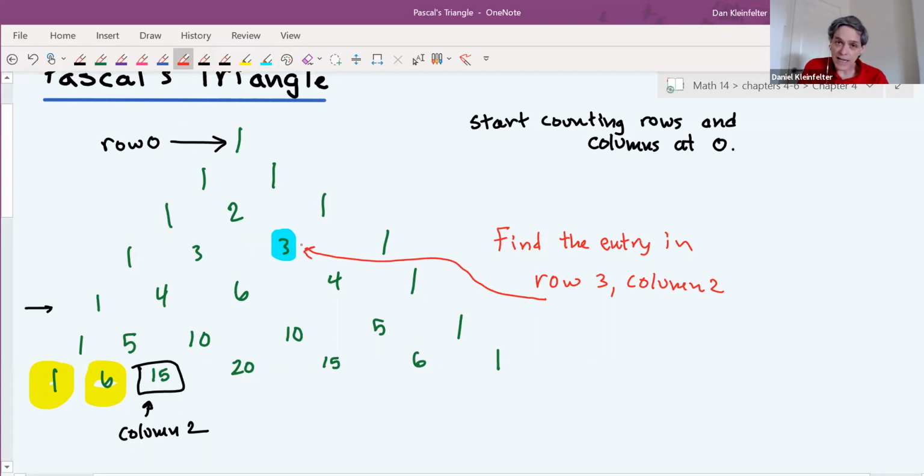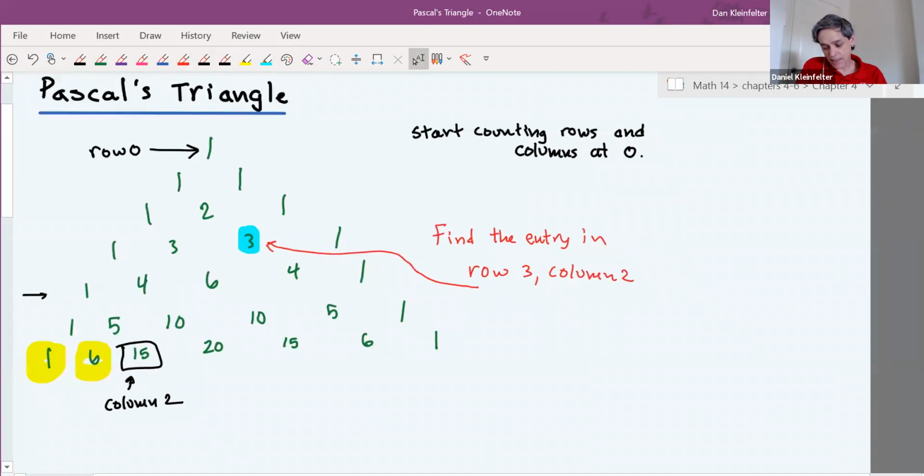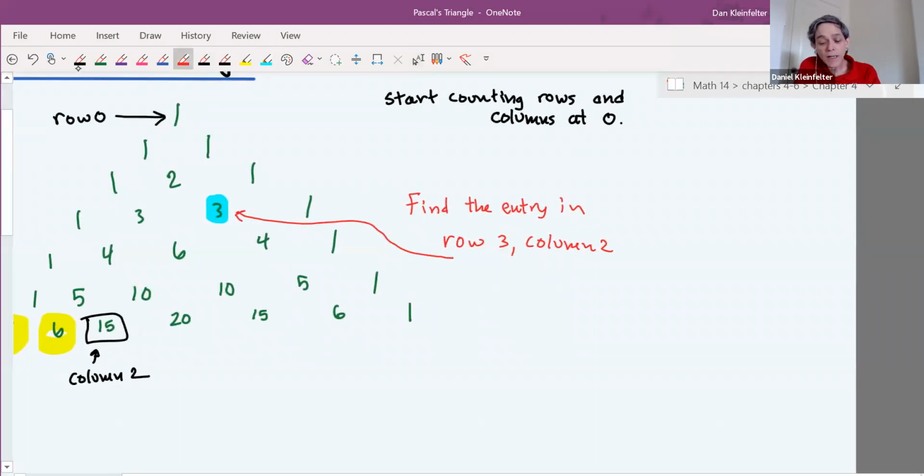So when you're counting down by rows and counting across by columns, you begin at 0 is the whole point. Okay, so finally, what does this tell you? What does this give you? The thing is that this tells you C(3,2).